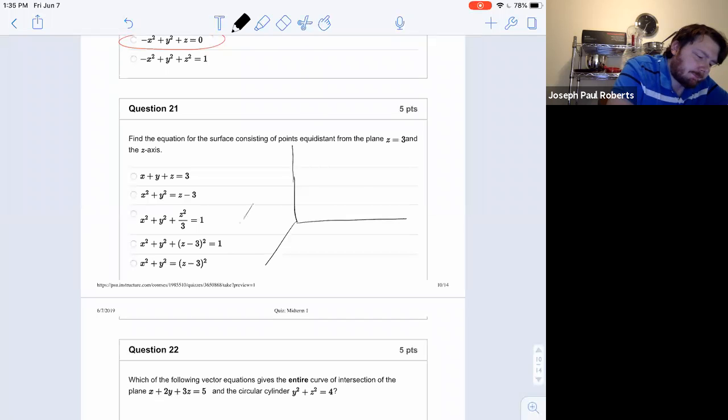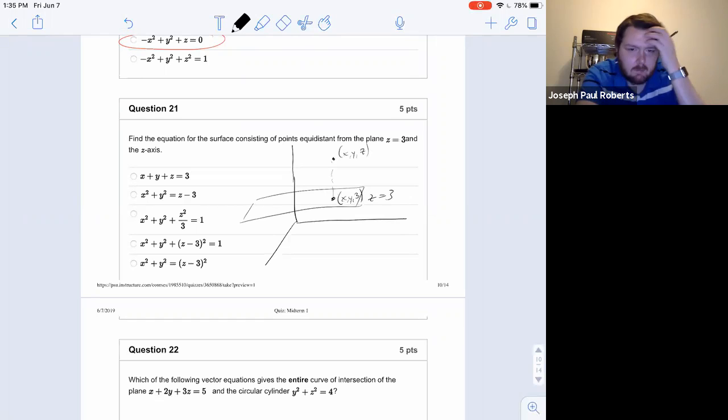So let's say I have a point x, y, z, and I want to know how far it is from the plane z equals 3. You could use the distance from a point to a plane formula that we used a little while ago to get this answer, but I think visually you can see it.